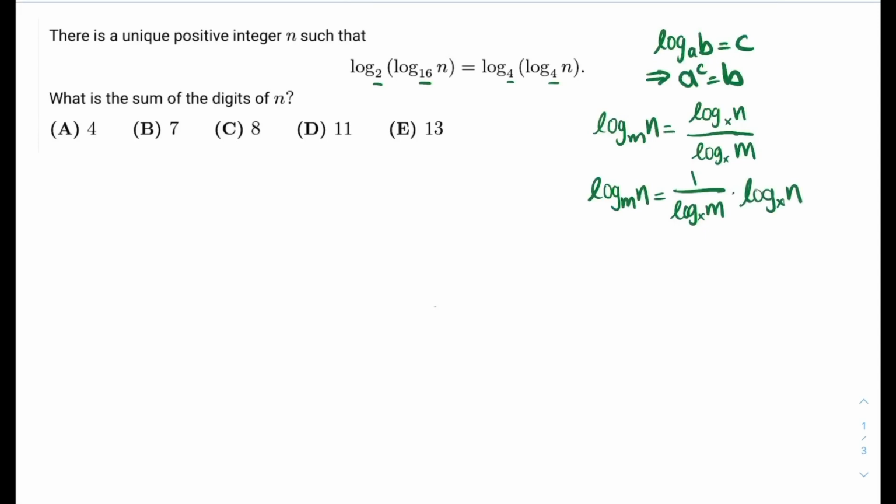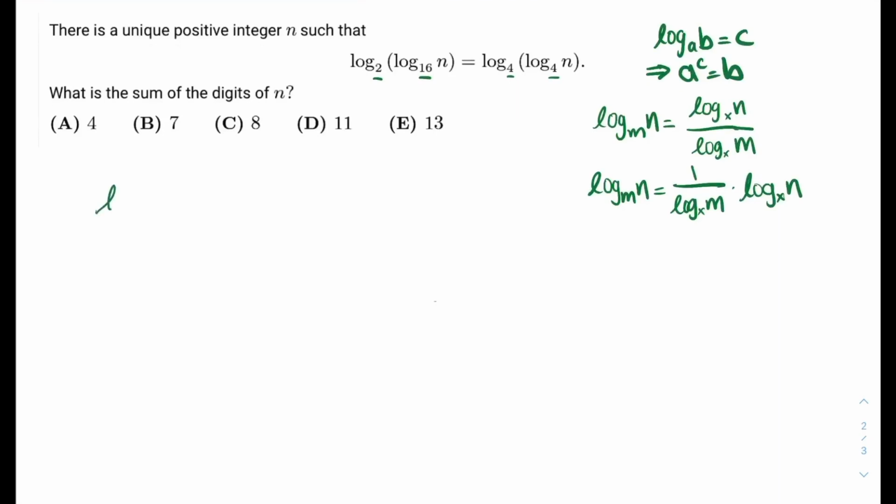All right, let's now change the left-hand and right-hand sides to be in terms of log base 2. Let's start with the left-hand side. We have log base 2, which is already in terms of log base 2, and then log base 16 of n. We want to get that into log base 2.